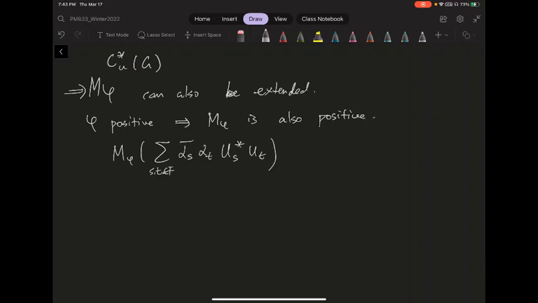Okay. So this one, I will have to map it. This is basically on each of these u s star u t corresponds to the entry on s inverse t. So this one will be mapped to the summation of phi of s inverse t, of alpha s bar alpha t, of u of s inverse t, okay?